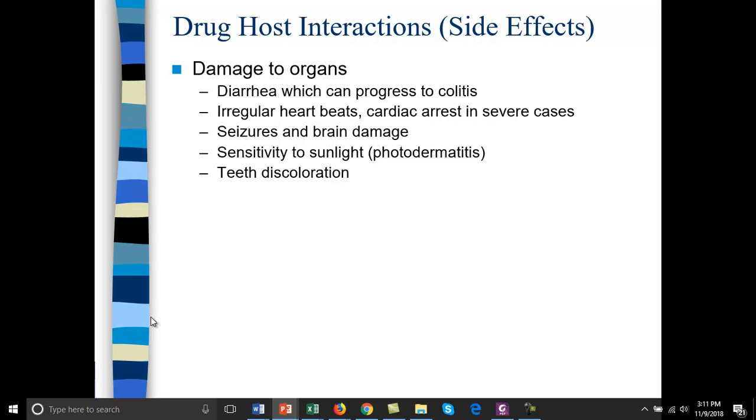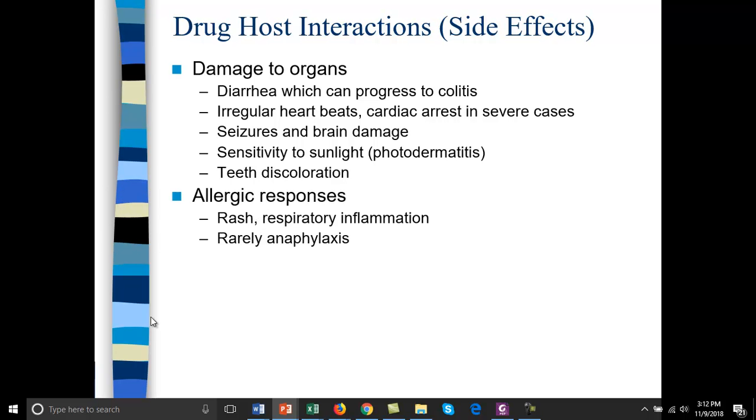They say, oh, well, the seizure is subclinical, but a seizure causes brain damage. And so you have to be very, very careful with a seizure. Some antibiotics come with a label to stay out of the sun, and that gives you sensitivity to sunlight, which means that your skin can redden and become bruised by sunlight, and then teeth discoloration like with tetracycline.